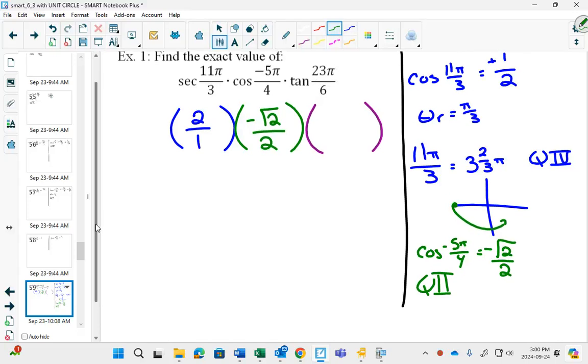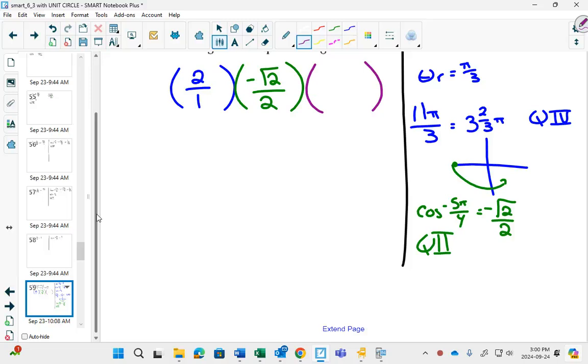And finally in purple, tan of 23 pi over 6. It's part of my pi over 6 family, so I know it's going to be root 3 over 3.